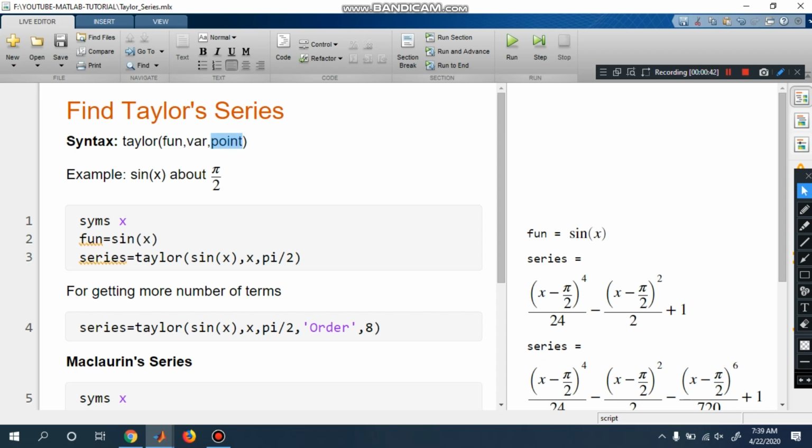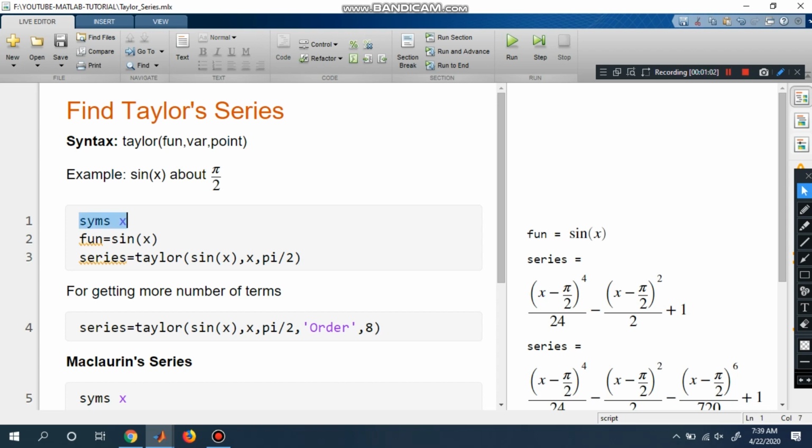For example, sin x is the function, and we would like to expand sin x near the point pi by 2. As we know, the output is also in terms of a variable, so we define x as a symbol.